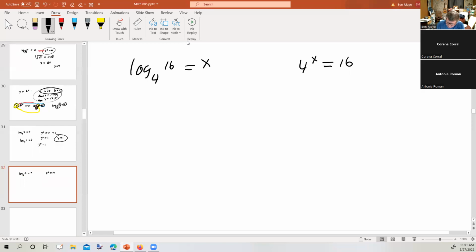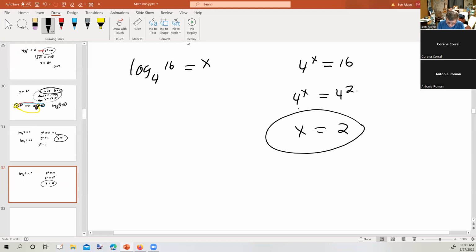Because of that, if we have an equation like this, 4 to the x power equals 16, if I can take the right side of the equation and write it so that it has the same base as the left side of the equation, then the exponents would be equal. So if 4 to the x equals 4 squared, then x equals 2. 4 to the x equals 4 to the 2, therefore x equals 2. We okay with that? Yes. All right.